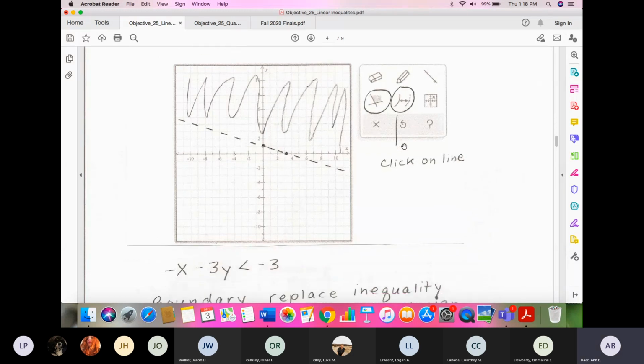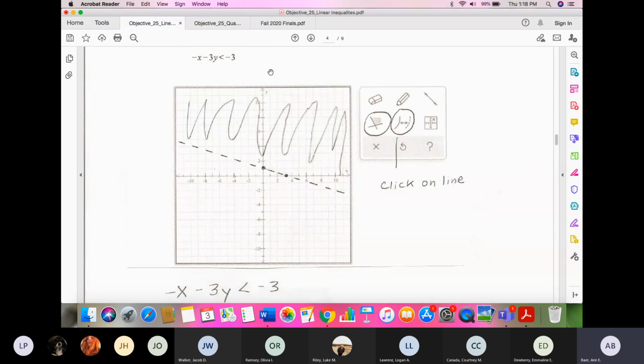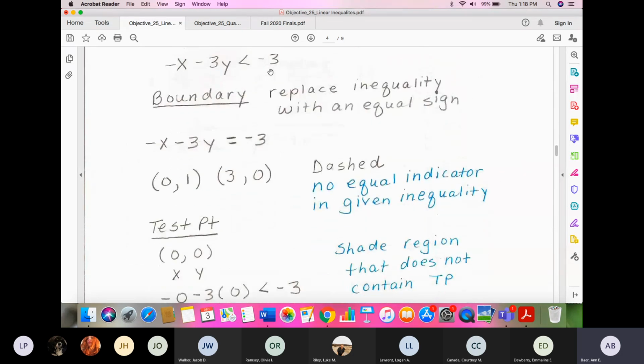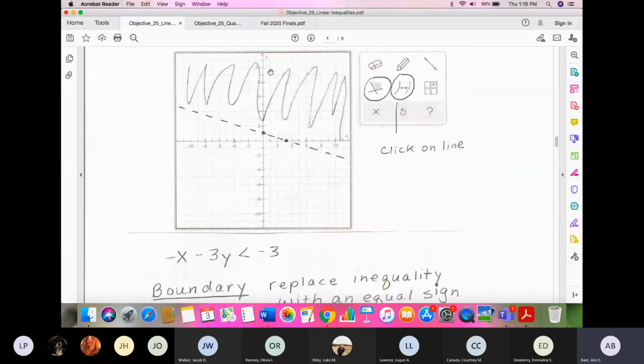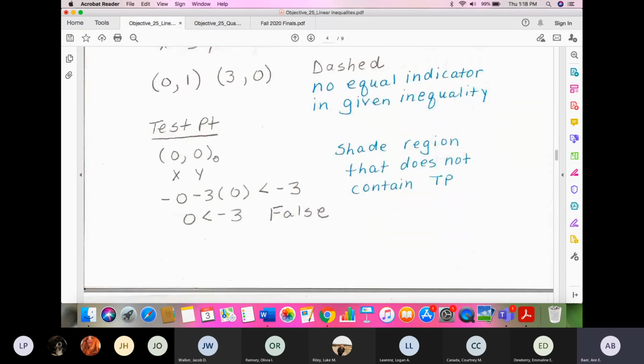Let's look at selecting the region. So we definitely have to use our given inequality at some point. We want to find the region for this inequality. So we're now going to select a test point, and (0, 0) is not on the boundary, so we can select it. So let's use (0, 0).